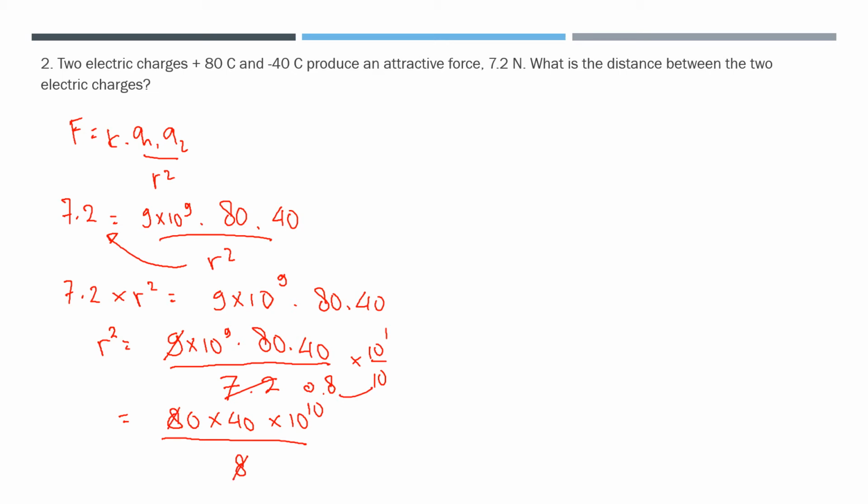So what is the result? The r squared will be 400 times 10 to the power of 10. So r will be the root of 400 times 10 to the power of 10. The root of 400 is 20, times 10 to the power of 5. I think you have learned this, okay?